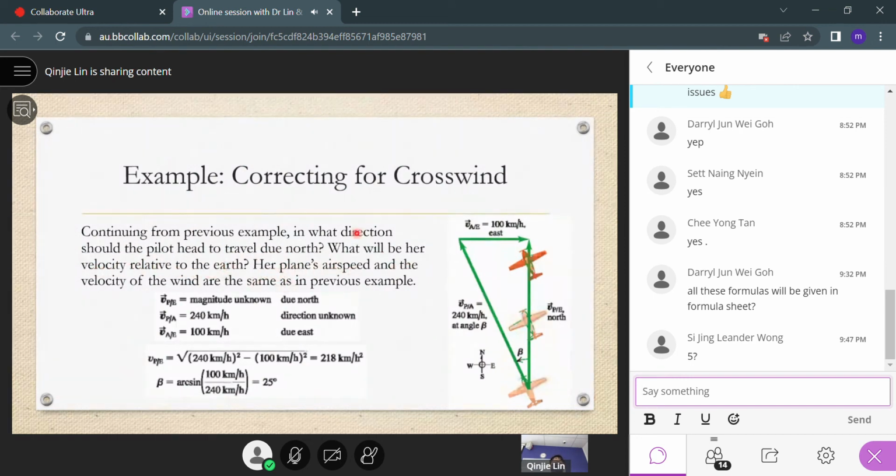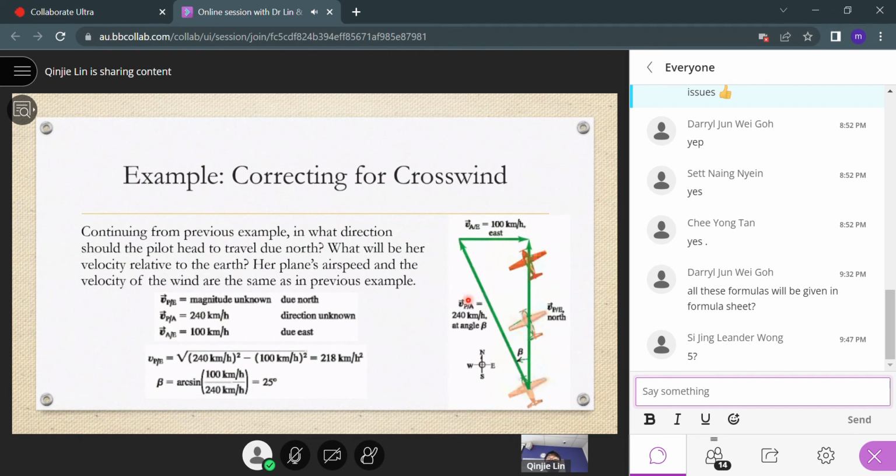The airplane speed and the velocity of the wind are the same as in the previous example. So the wind is still traveling to the right. You want the resultant to really be upwards. So you can expect she needs to fly the plane upwards and to the left. So she flies upwards to the left, then the wind blows it to the right, and it will end up like this. But what is the value that is actually needed?